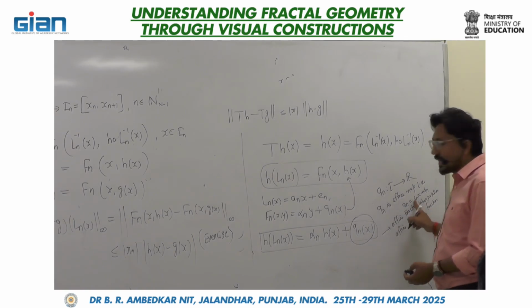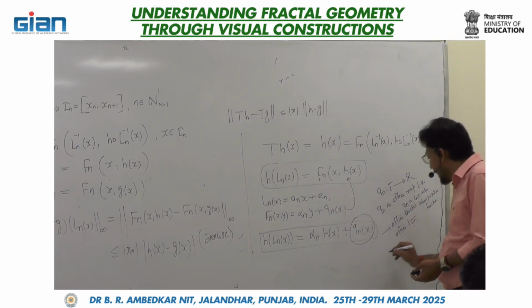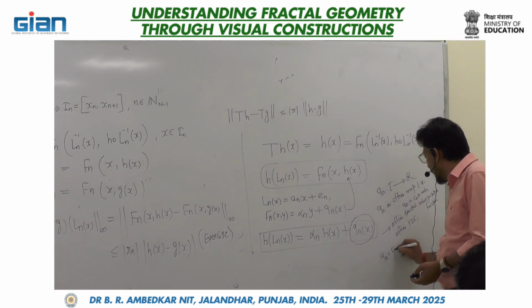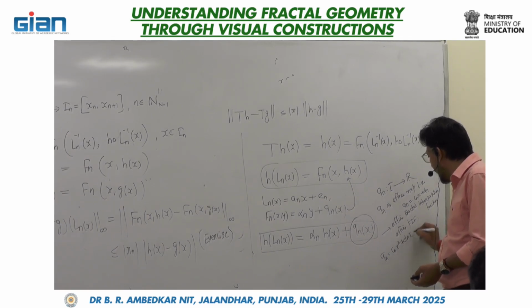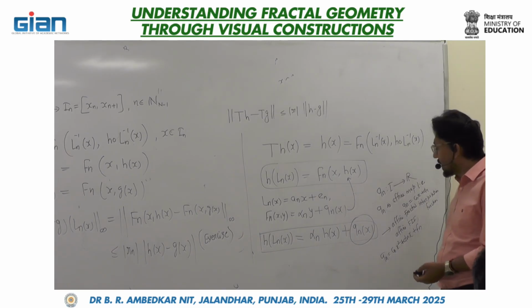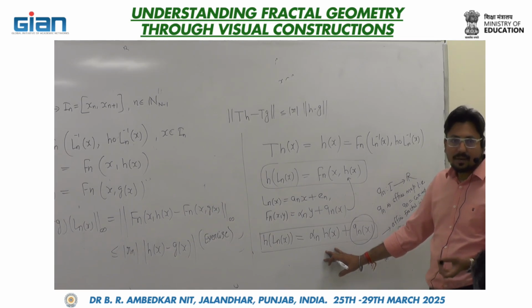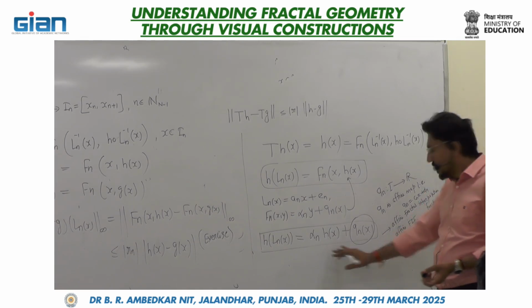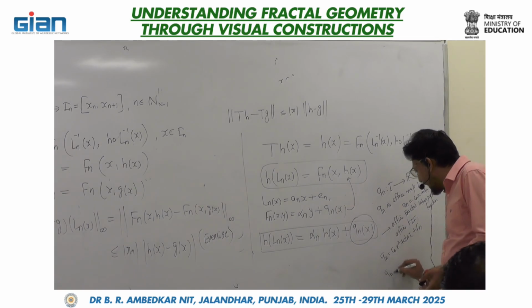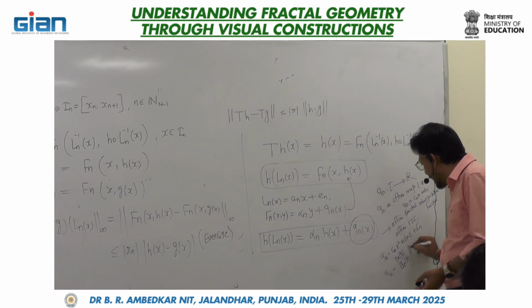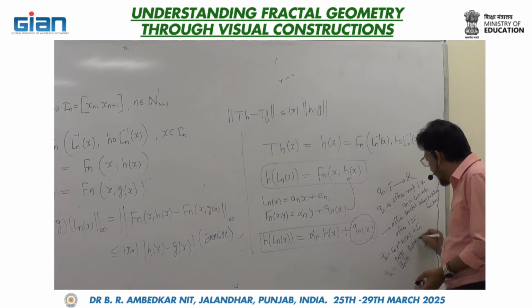And if you take qn as a quadratic function, let us say qn equal to Cn x square plus Dn x plus Fn, then this will give you a quadratic fractal interpolation function. Someone will say, sir, I will take qn equal to some Pn(theta) by Qn(theta), then he will get a rational fractal interpolation function.